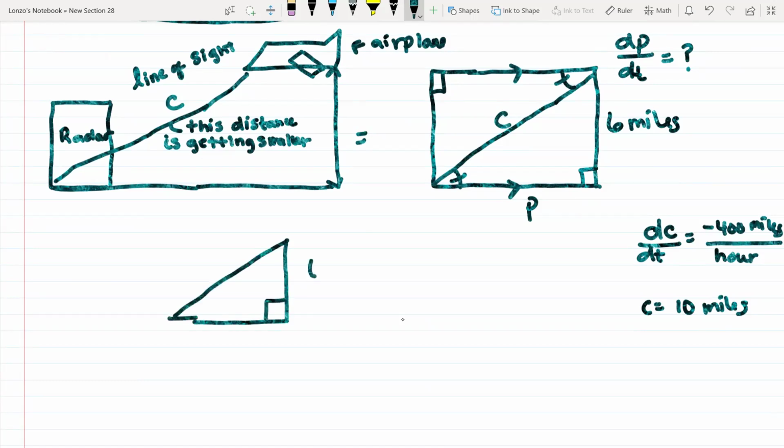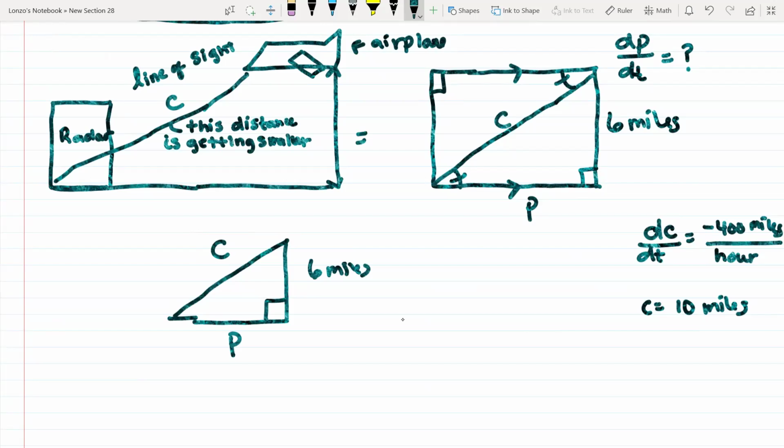Here is 6 miles. We have p, and then this is c. So this is related to a right triangle. What is the area of a right triangle?